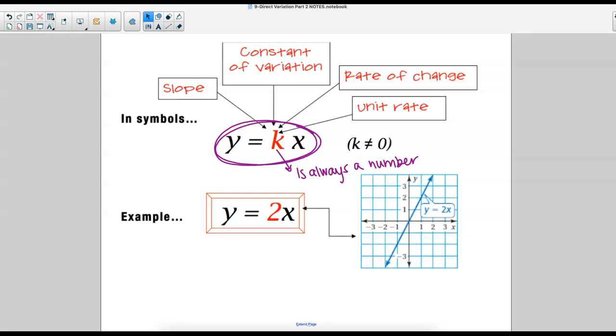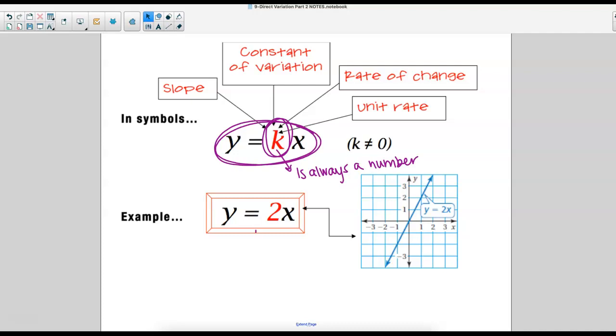If this letter k is the slope, what's the slope here? 2. Okay, if I ask you what the unit rate is, it's 2. So if I put this equation in context of a problem, maybe it's dollars per hour. You make $2 per hour doing whatever, babysitting, I don't know.